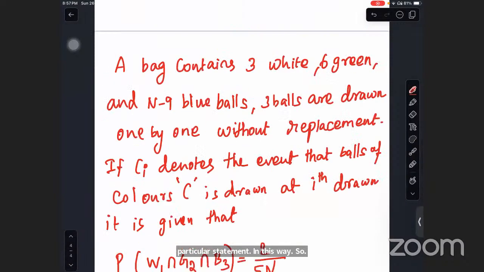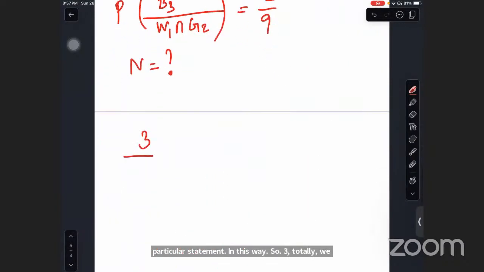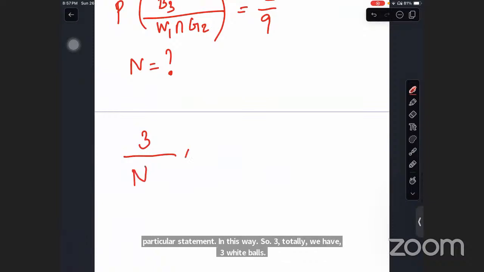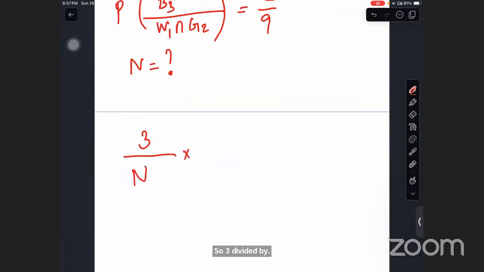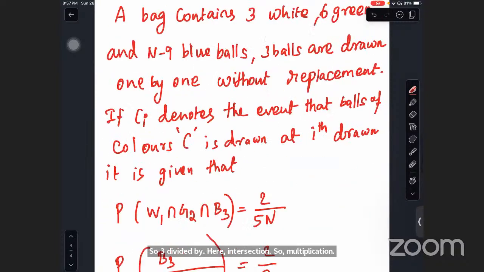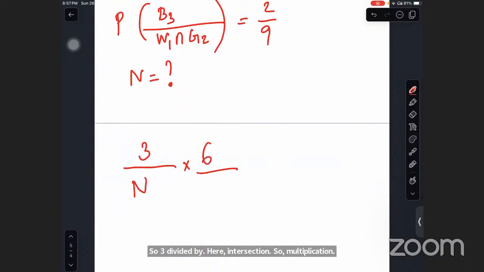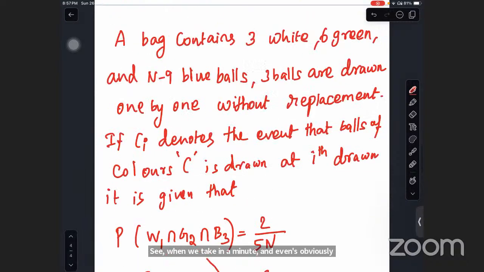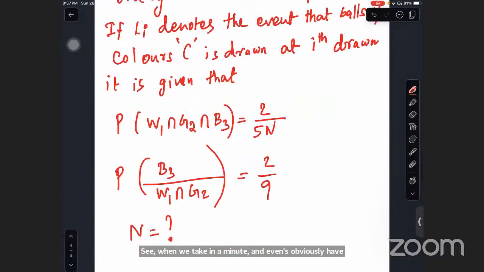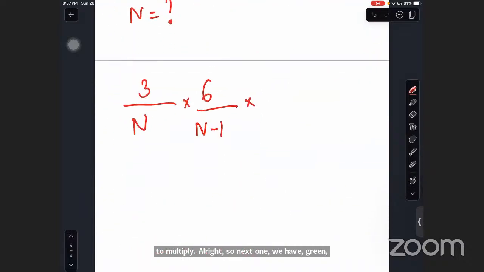Totally we have 3 white balls, so 3 divided by n, intersection, so the multiplication theorem we can apply, into the total number of green balls is 6. So 6 divided by, now how much is left? n minus 1 balls. So n minus 1, into, when we take these events we have to multiply. So next we have n minus 9 blue balls, so we can write n minus 9 divided by n minus 2.